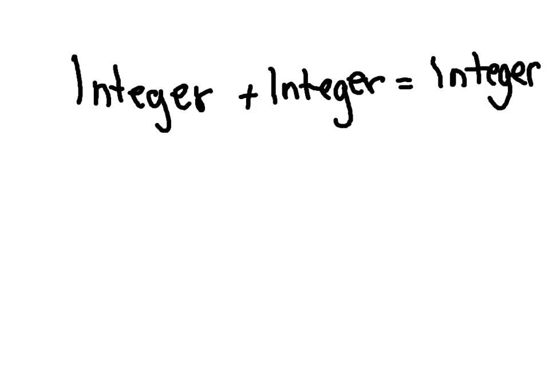Okay, so that would be a case of closure. So it's not like you're going to be able to say integer plus integer equals rutabaga. And it just doesn't happen that way.